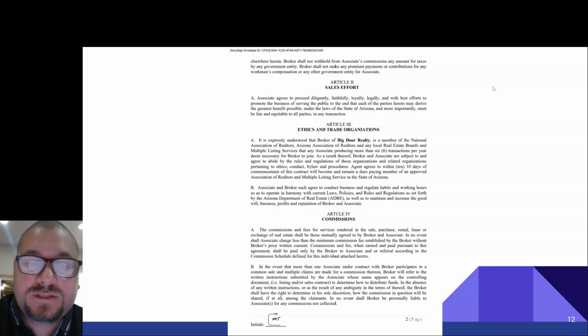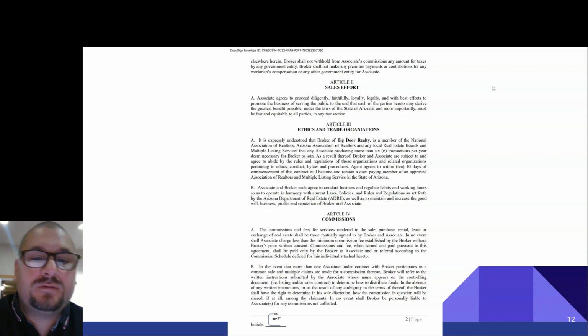In no event shall associate charge less than the minimum commission fee established by the broker without broker's prior written consent. Commission and fee, when earned and paid pursuant to this agreement, shall be paid only by the broker to associate and or referral according to the commission schedule defined for this individual attached hereto.